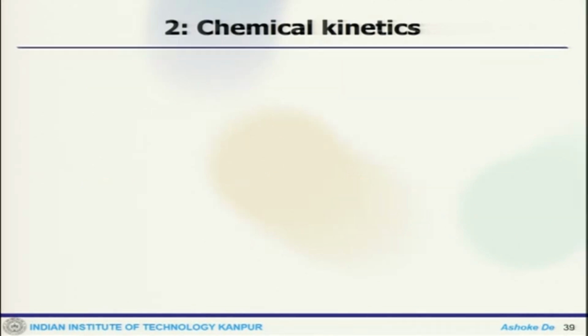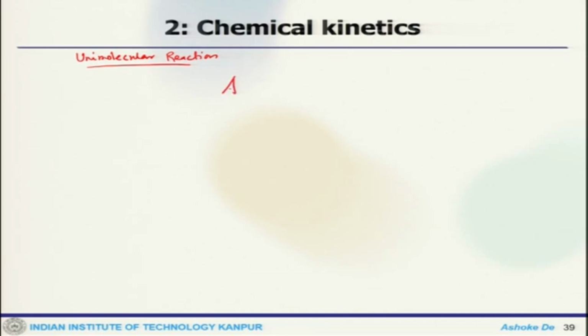Now, we can move to what happens when you have a unimolecular reaction. So, we will look at a unimolecular reaction. Let us consider a 3-step mechanism.